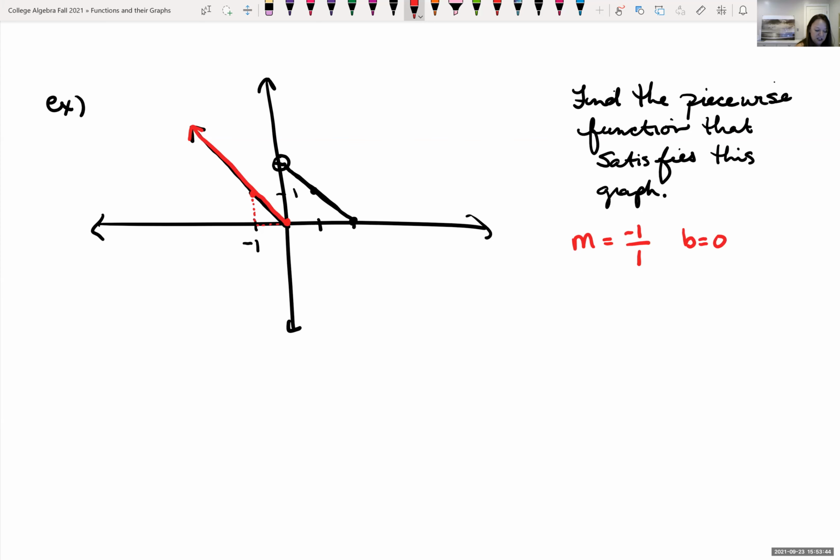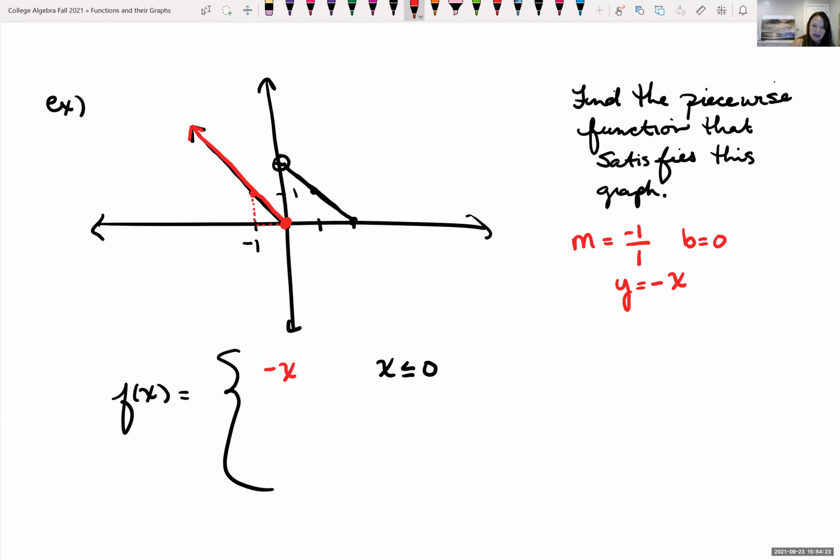And so the equation for this one on the left is y equals our slope, -1, times x plus 0, or just y equals -x. So that's our first equation, -x. And we need to look at for what values of x this holds true. These are values where x is less than or equal to 0, because this was a solid circle.